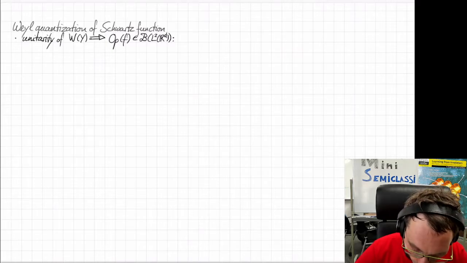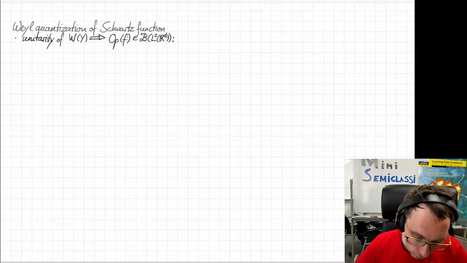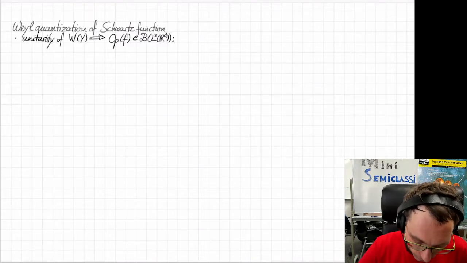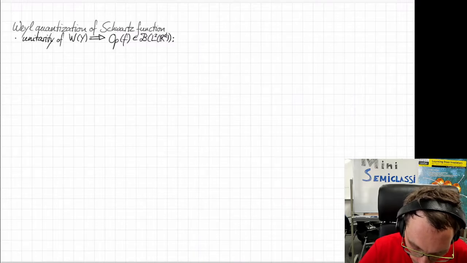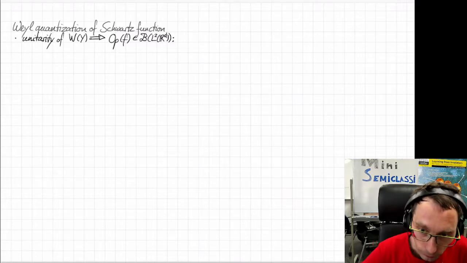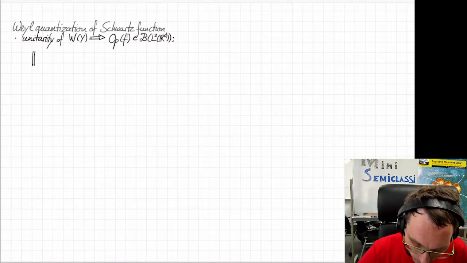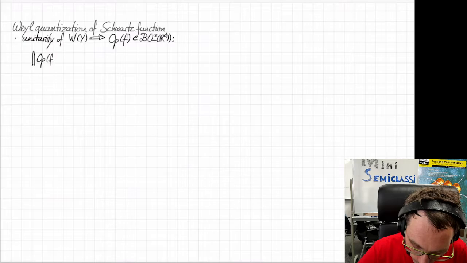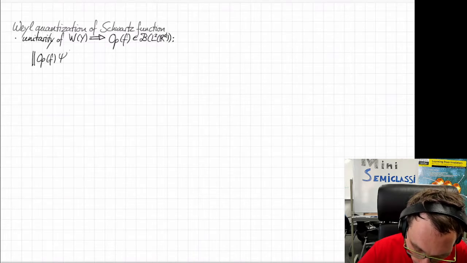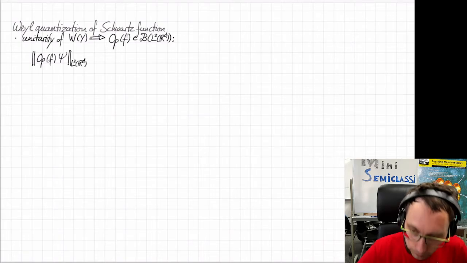And the estimate that you do is, if we write out the definition of the operator norm, kill the supremum for the moment, then what we need to estimate, and let me fastidiously include the space that the norms are associated to. Here I'm looking at the L2 norm over our space R^d.